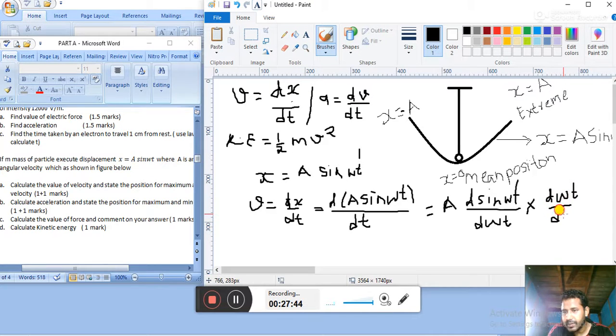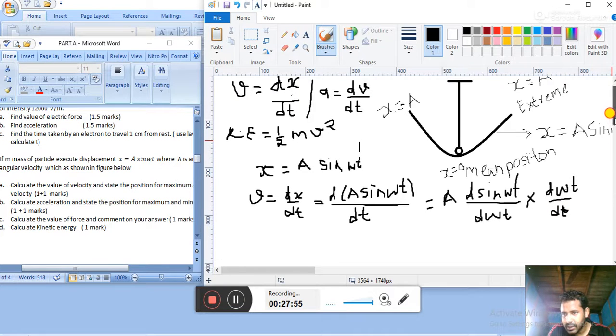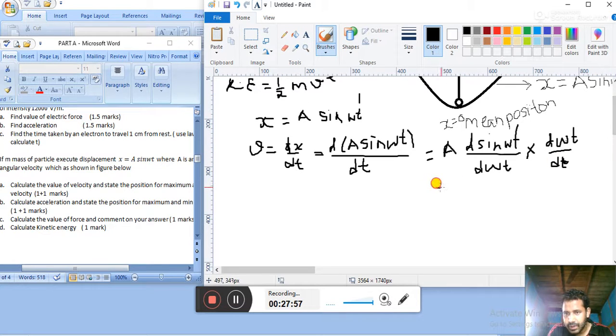Use the mathematics you have learned for derivatives. The derivative of sine is cos, so cos omega t, and d omega t by dt is omega, so I am writing omega first.